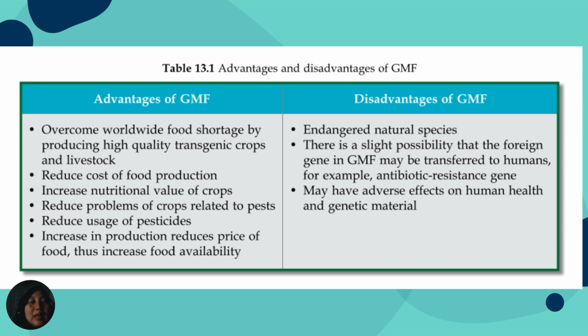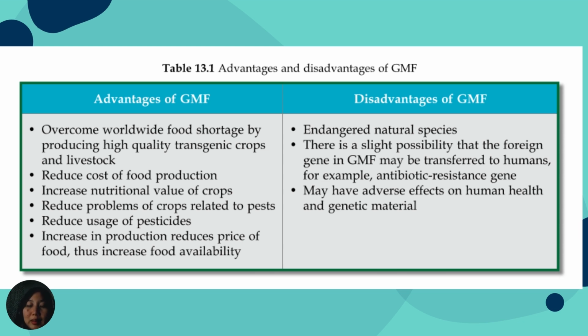So advantages, we're going to look at the advantages first. So it can overcome worldwide food shortage by producing high quality transgenic crops and livestock. Okay. Macam tadi itulah worldwide. Bila kita ada kualiti yang bagus, dia boleh tahan lama, kita boleh hantar pergi negara-negara yang kurang sumber makanan.